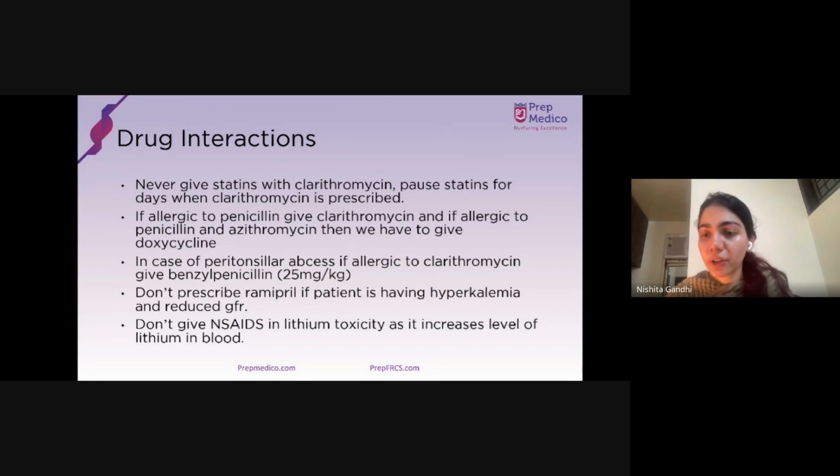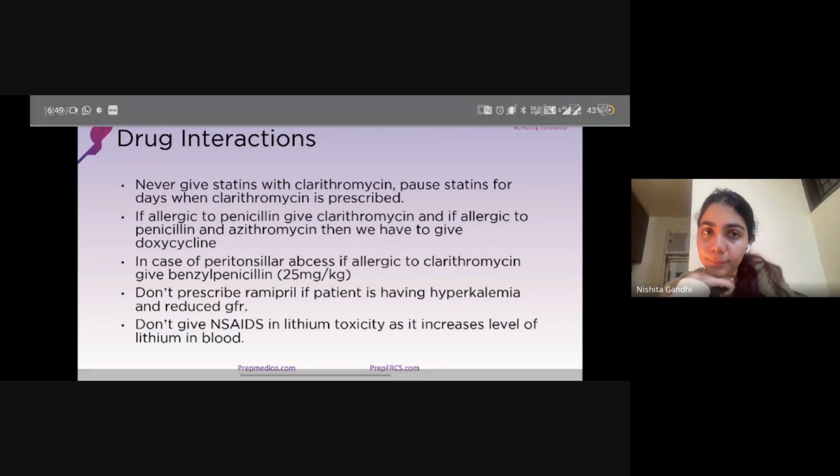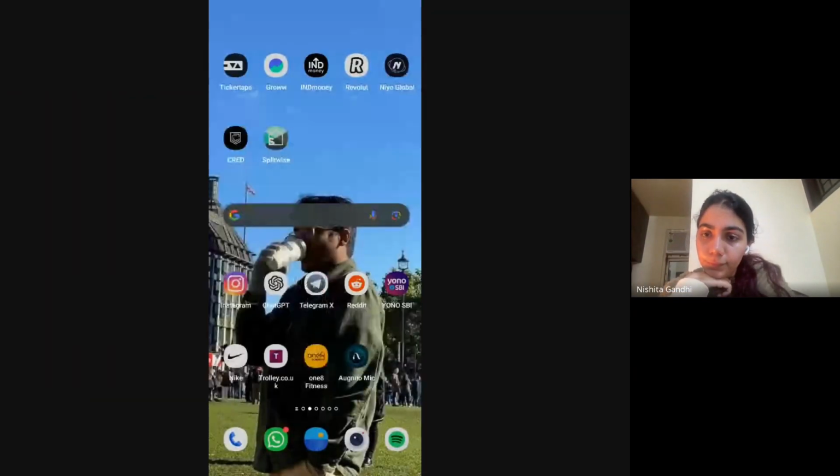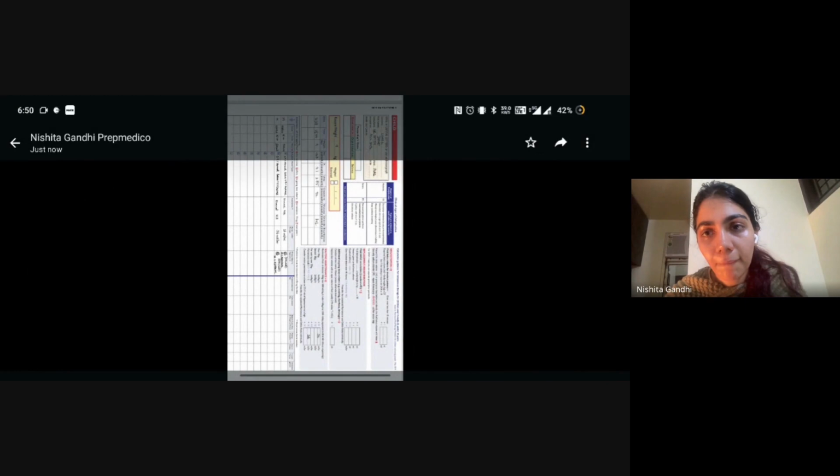Sibi, I have sent you a picture. Can you please open that? Yeah, just wait. Can you see it? Can you rotate it if possible? You have to edit it. Can you see now? I tried rotating it.